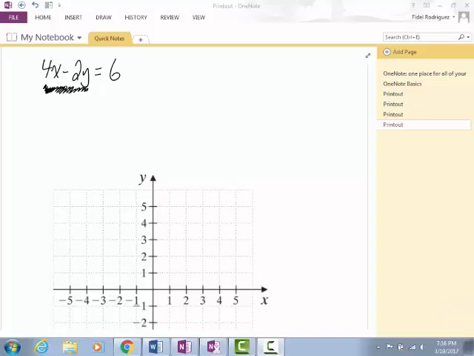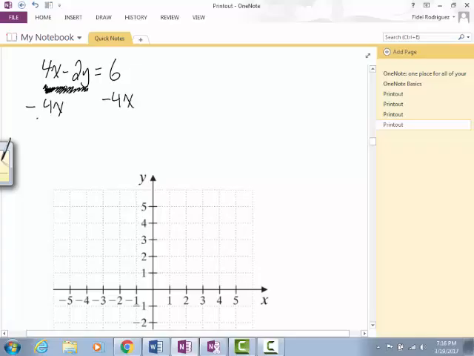So my first step here is I'm going to minus 4x on both sides. These will cancel. That's going to leave me with -2y equals -4x plus 6. Now, because I want to get the y by itself, I need to get rid of that negative 2.